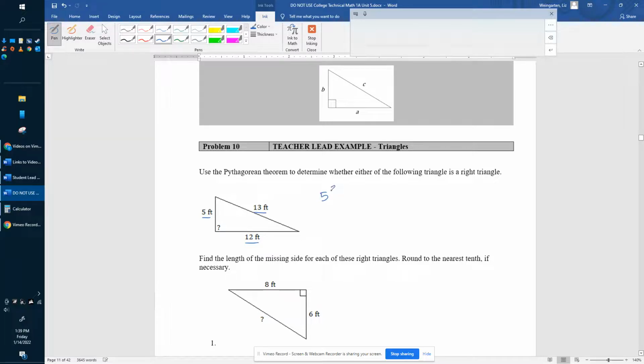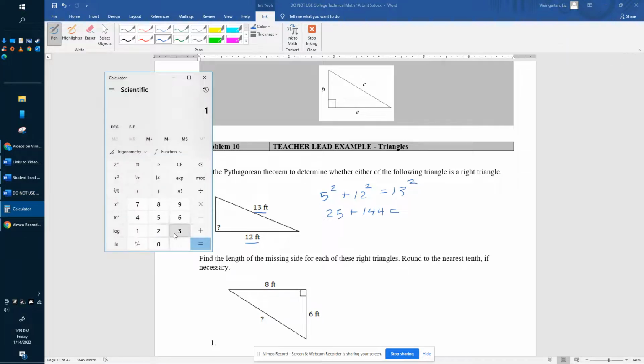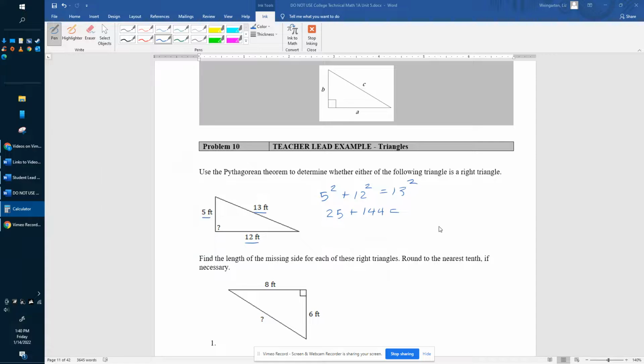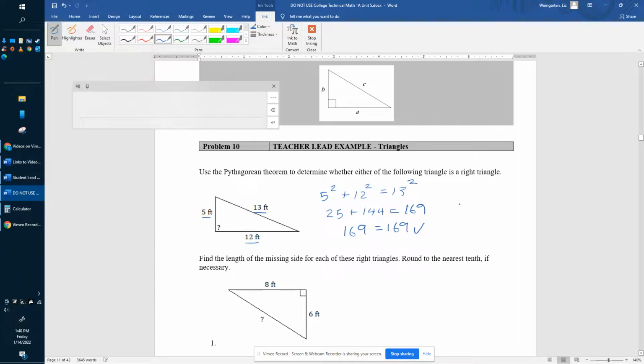So we'll have 5 squared plus 12 squared equals 13 squared. 5 squared is 25. 12 squared is 144. 13 squared, I believe that's 169, but I'm going to double check. 169. Add these two together, we get 169 equals 169. So yes, it is a right triangle.